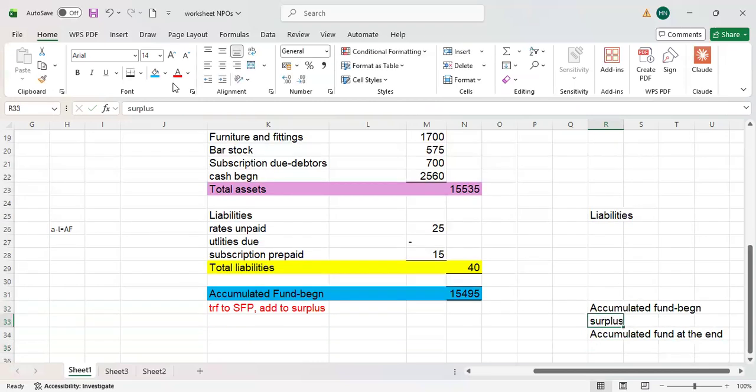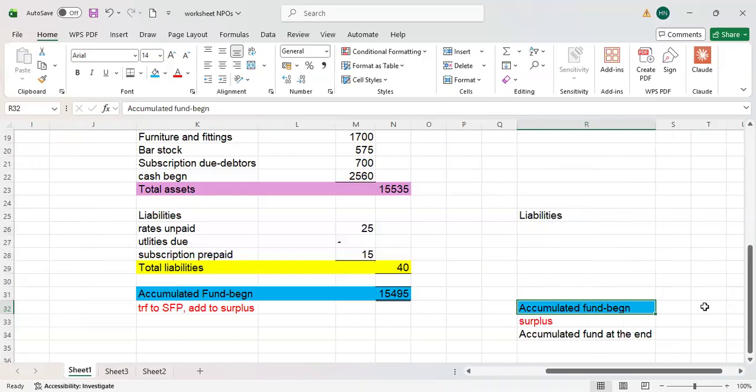So this is what I'm going to work out for. This one I already have, which is the blue. So I just transfer that here. So this figure is what I have here. If I have my surplus, I'll calculate that and then I'll get my total. Okay, so you'd have worked out your liabilities also to get your accumulated fund.